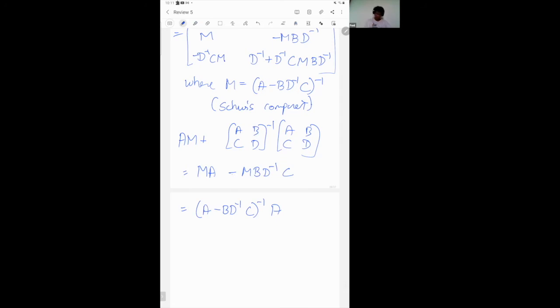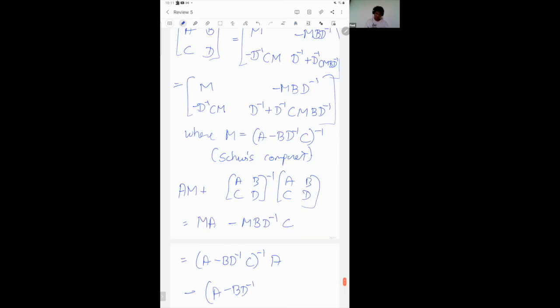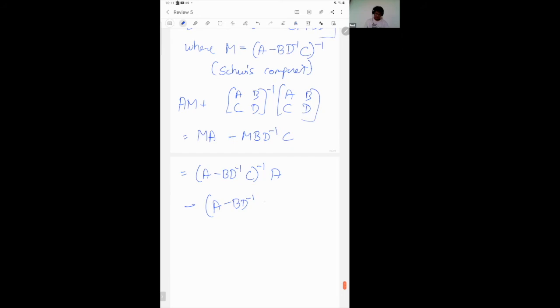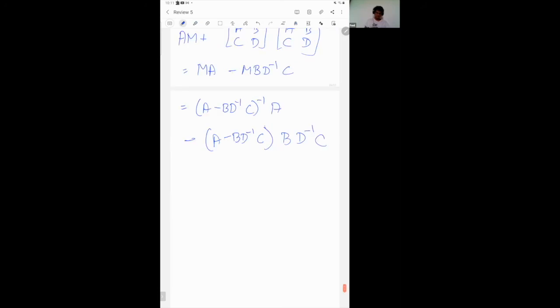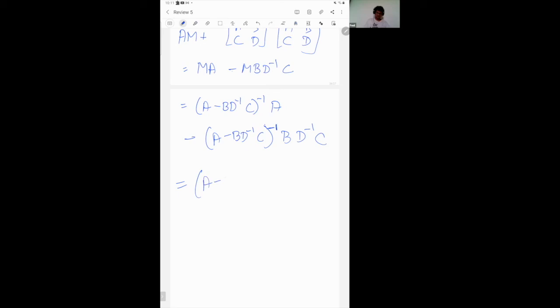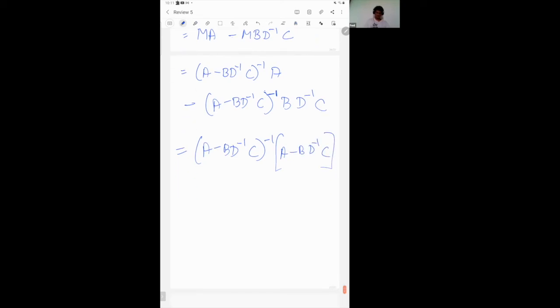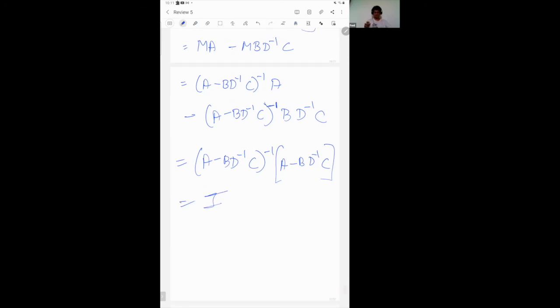Then this thing becomes A minus B D inverse C times B D inverse C. So we can take A minus B D inverse C inverse as common, and then this simply becomes again A minus B D inverse C, and hence the value is identity.